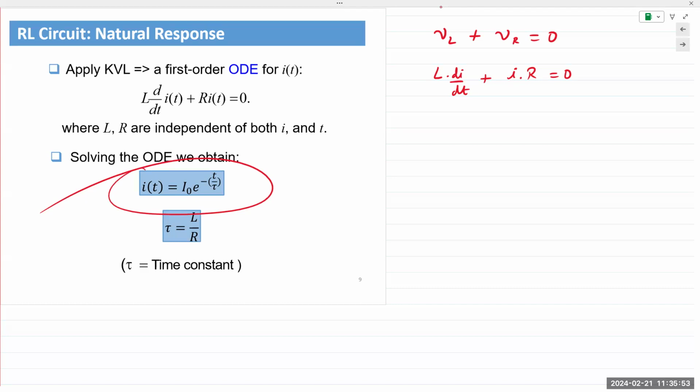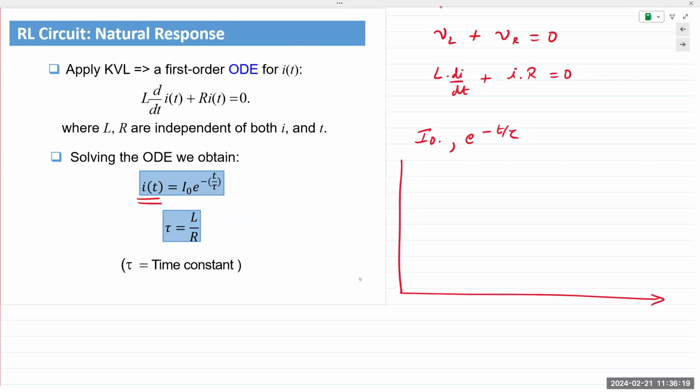Okay, let's look at each of these components individually. This equation simply describes the current for an inductor as a function of time, I of t. It's made up of two separate products: I0 and e raised to minus t over tau. I0, of course, is the maximum value.